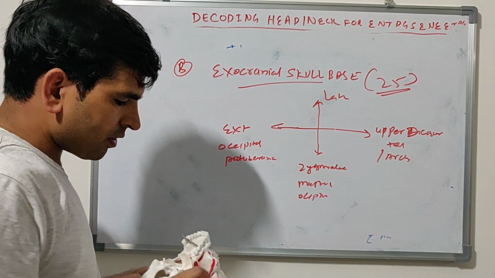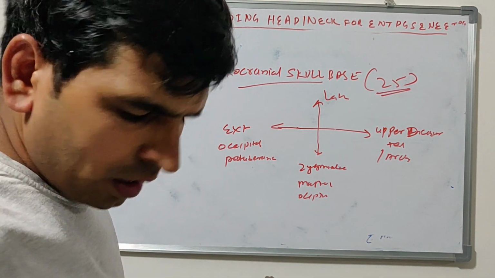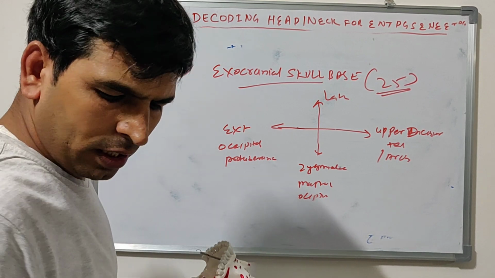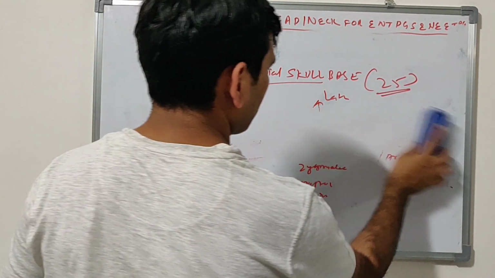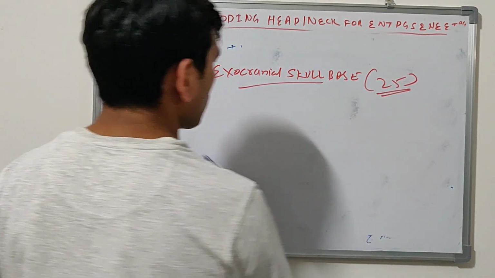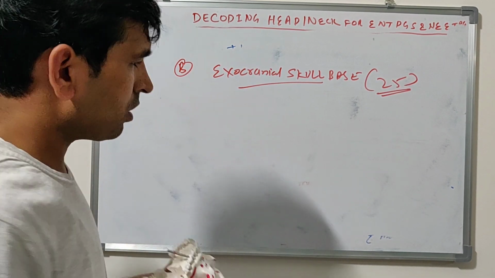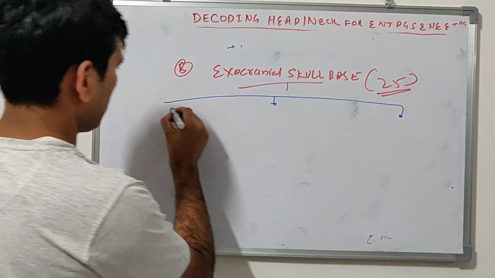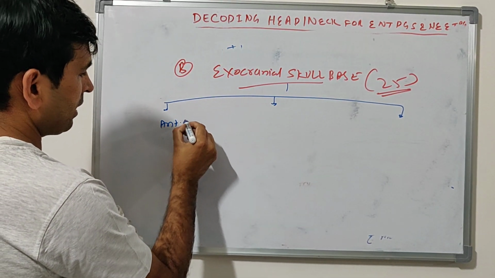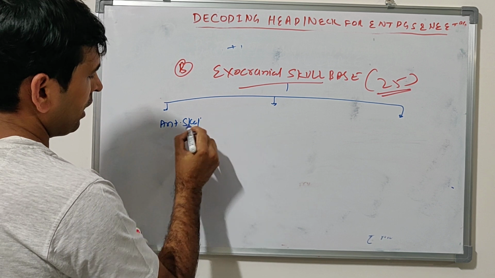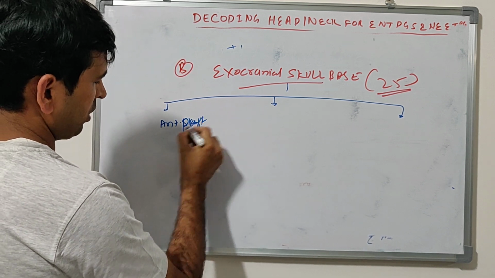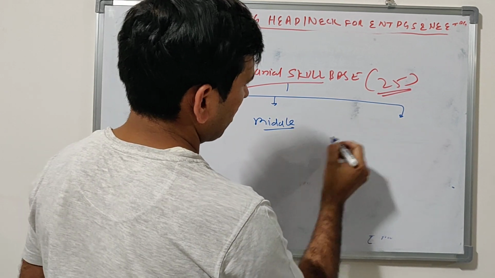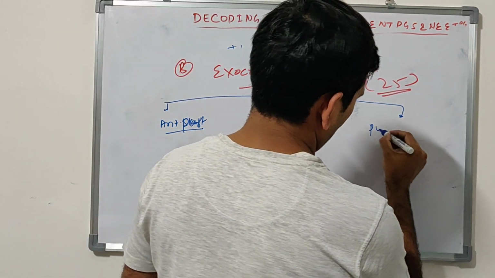Now the main structure, if you see, also has three parts. Again I will divide this exocranial skull base into three parts: anterior part, middle part, and posterior part.